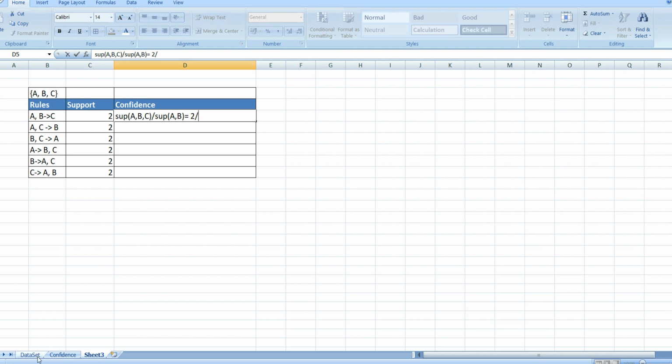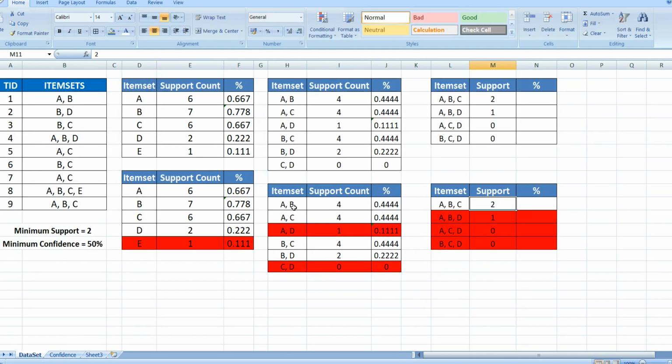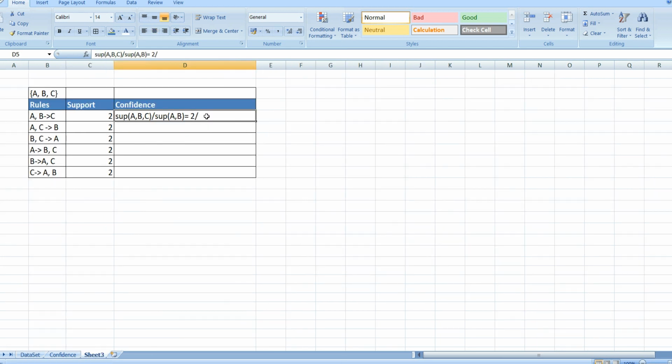So we go back to our results where A and B appear together, and then we take the count because we have already calculated that, which is 4. So let's put a 4. This gives us a result of 0.5, which is equal to 50%.